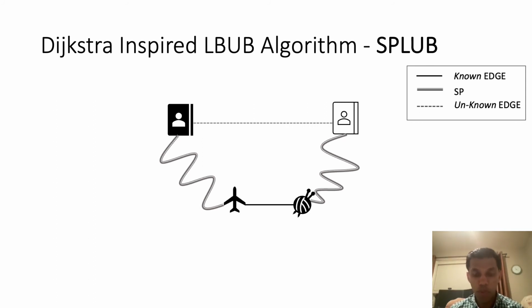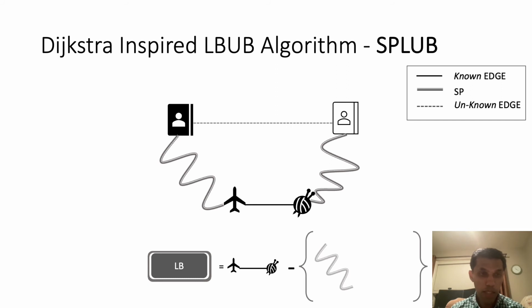You do it for each of the known edges in the graph, and then you declare the answer as the maximum of all the lower bounds.